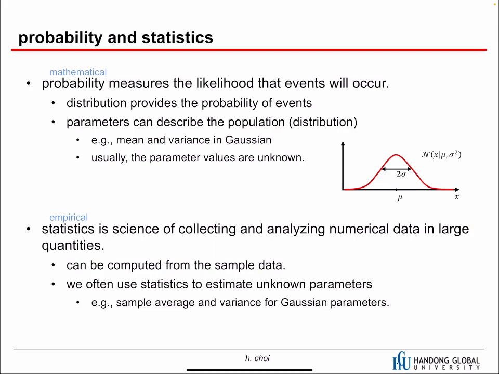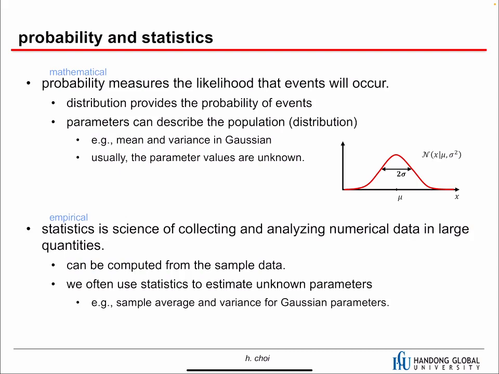Okay, now we have some idea about probability, and now I want to talk about probability and statistics. Basically, probability is a mathematical term, and statistics is an empirical term. Probability measures the likelihood that events will occur, as you know, and the distribution provides the probability of events.